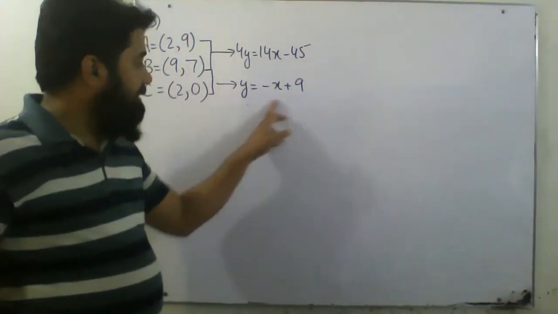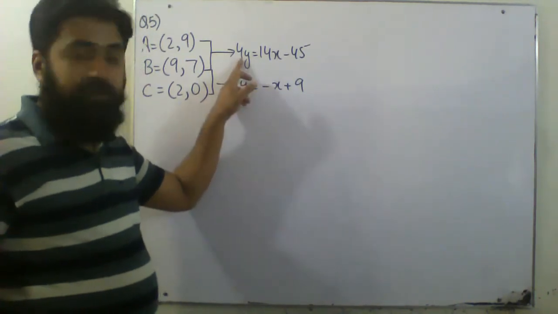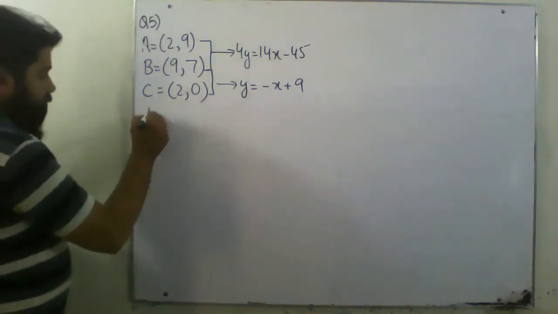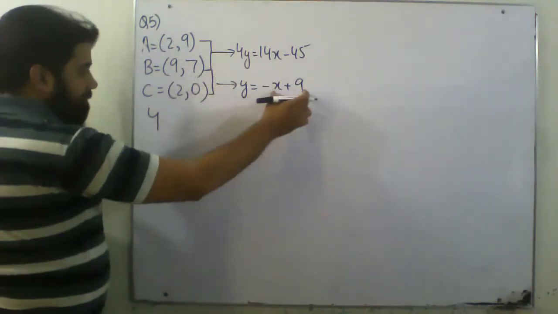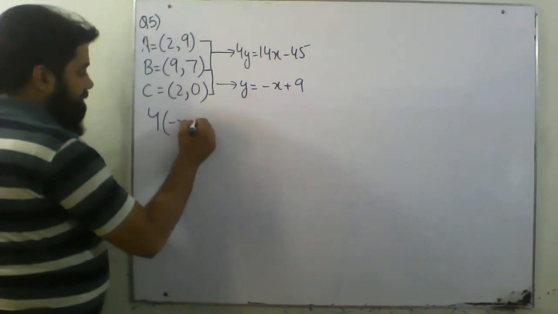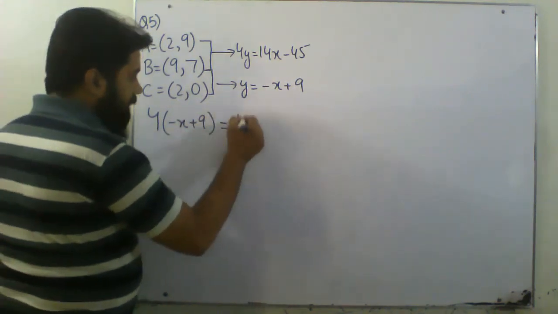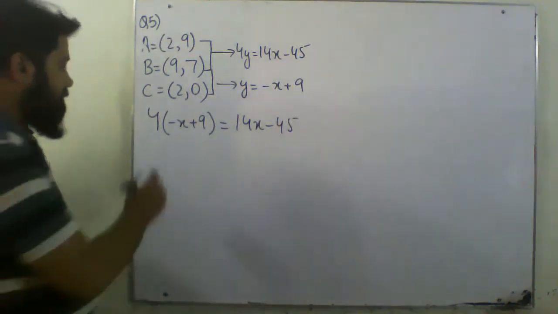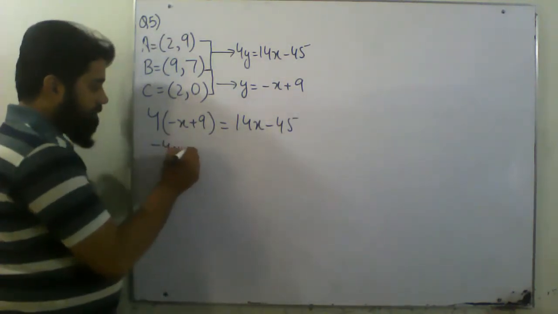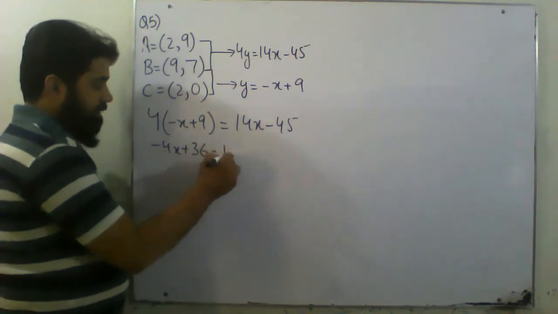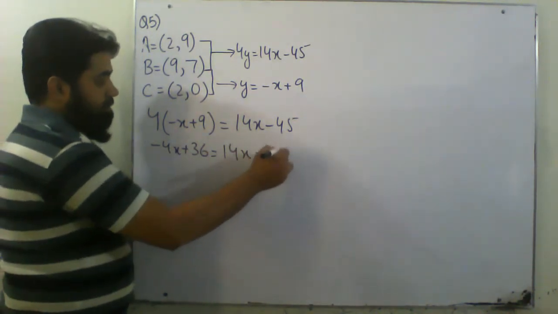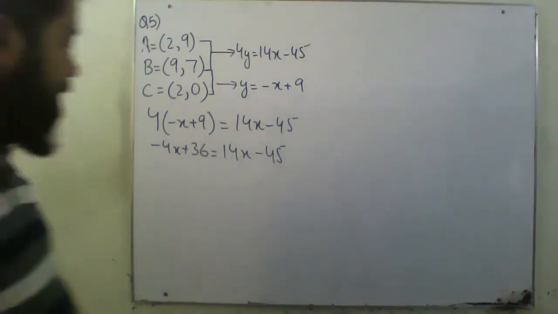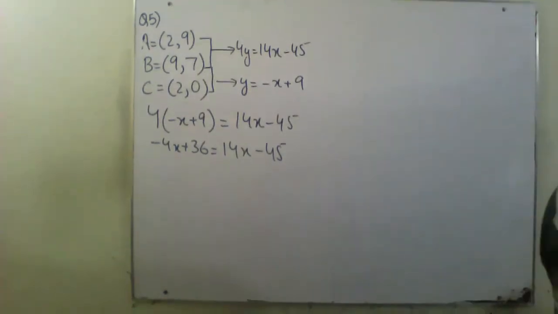y equals minus x plus 9 is given. I can shift it over here. In place of this y, I'm going to put this one. So 4, instead of writing y, I'm going to put minus x plus 9, equals 14x minus 45. So minus 4x plus 36 equals 14x minus 45. After this, we are going to simplify it to get the value of x.